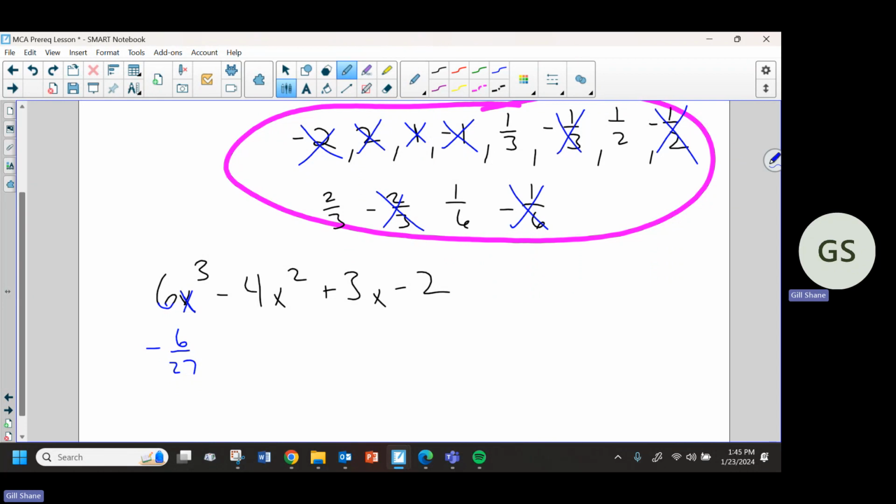All right, we just did 1/3. 1/3 didn't work. All right, so 1/2. 1/2 squared, I'm sorry, cubed, is 1/8, so that's 6/8. 1/2 squared is 1/4 times -4, though, will be subtract 1.